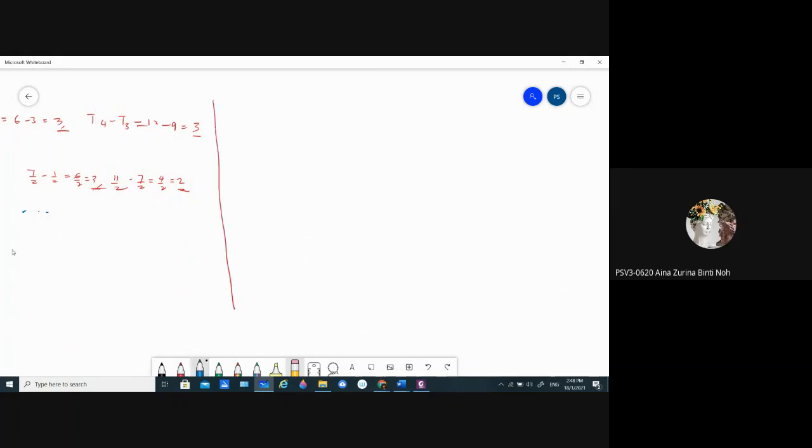Say if you are given that the sequence is A, A plus D, A plus 2D, A plus 3D, and so on.